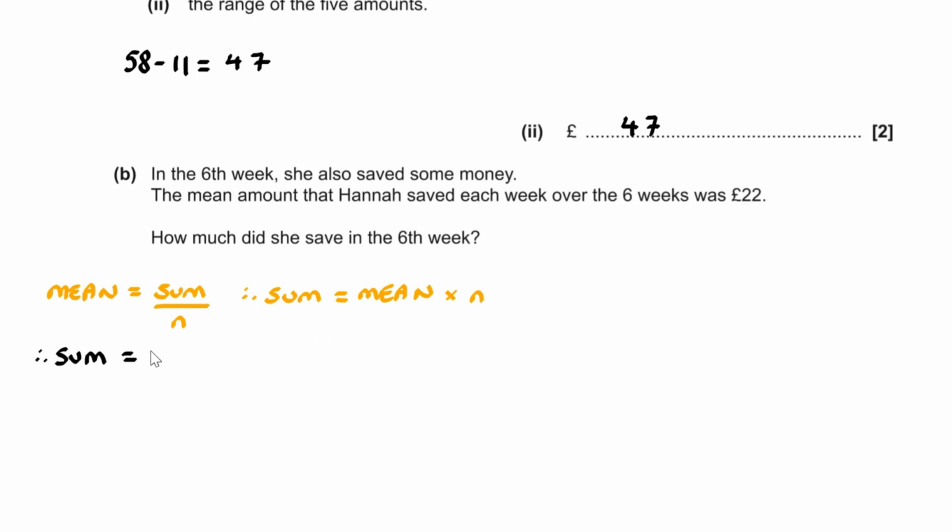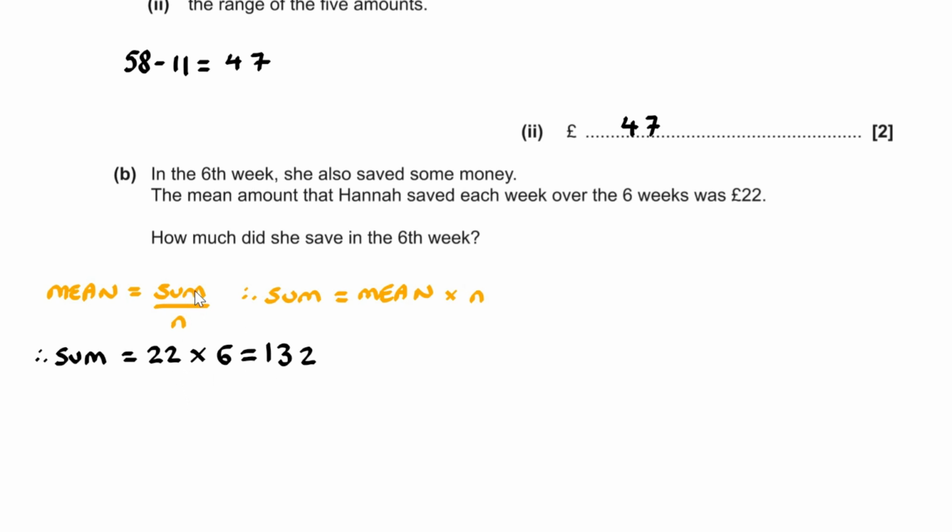So we've got the mean, which is 22 times by 6, because we've got 6 pieces of data. So 22 times by 6, well, 2 times by 6 is 12, so 20 times by 6 is 120. 120 plus 12, that's 132.